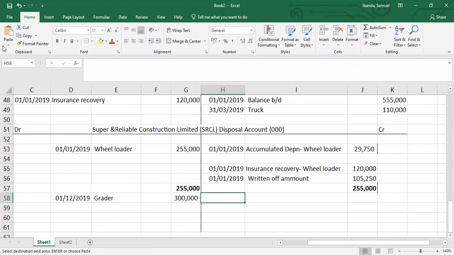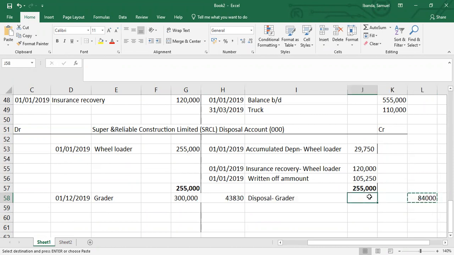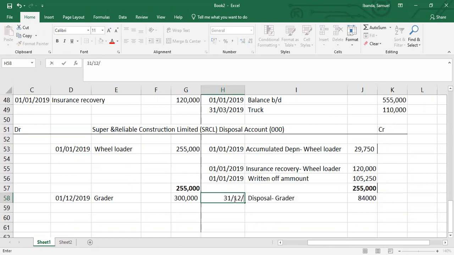Yes, that is how we write off our accumulated depreciation. 31st December 2019. So like that, that's the first step you should do for any asset that you're disposing of, either by exchange or by scrap.